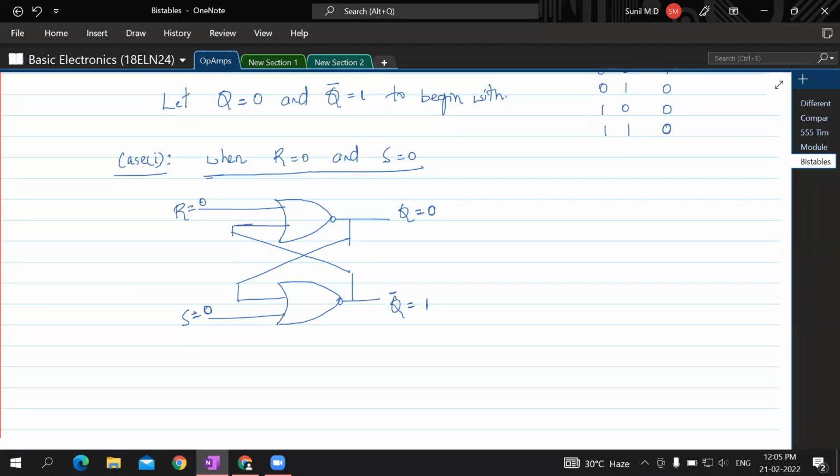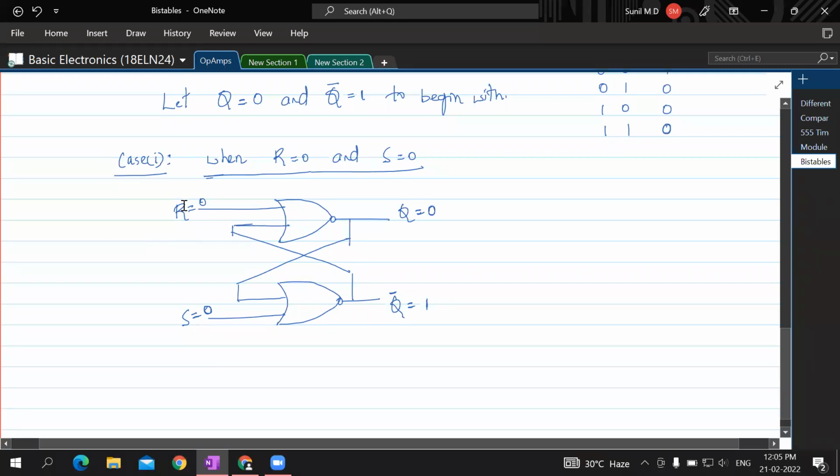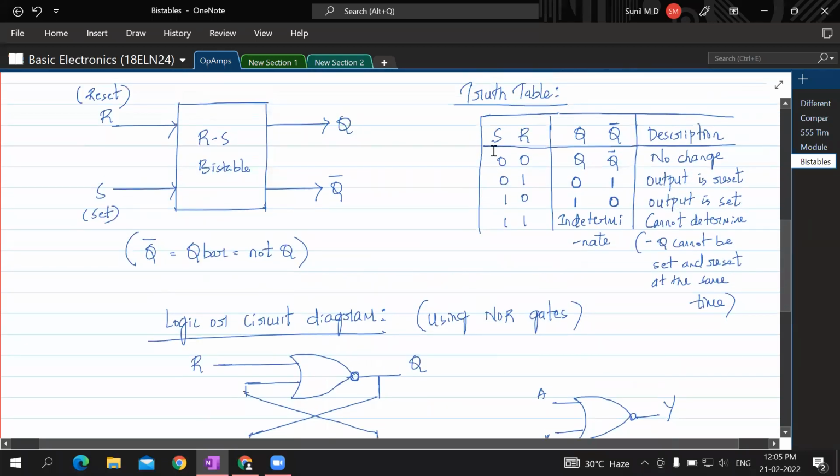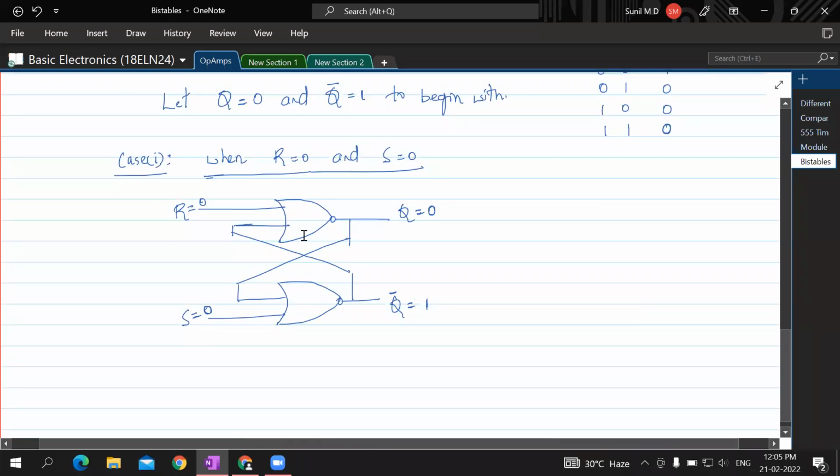What we need to see is, with R and S 0, 0, would Q still be 0 and Q bar still be 1? Because for SR 0, 0, the output will not change. So that is what my interest is: will Q stay 0 and Q bar stay 1 when R is 0 and S is 0, is what we need to check for.